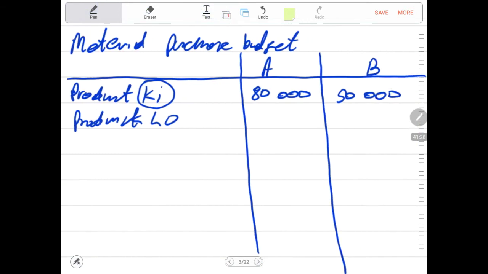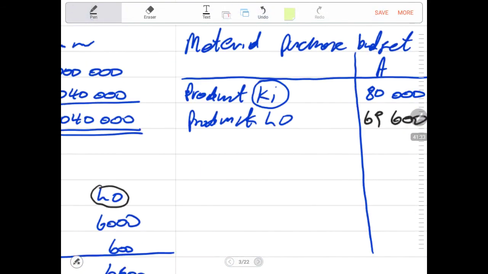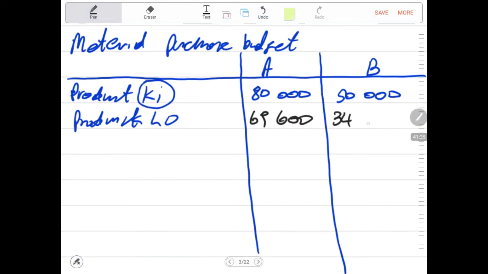So 69,600, second one 34,800. Then this is our production required, total material required.